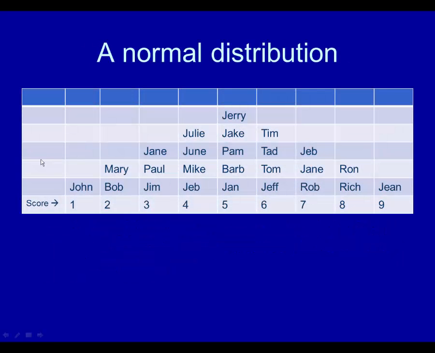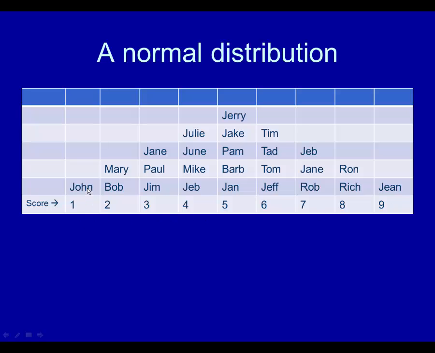I'm going to show a very simple depiction of the normal distribution. You can see here that across the bottom are different scores. Let's say this is self-esteem, and the highest score is a 9, the lowest score is a 1.